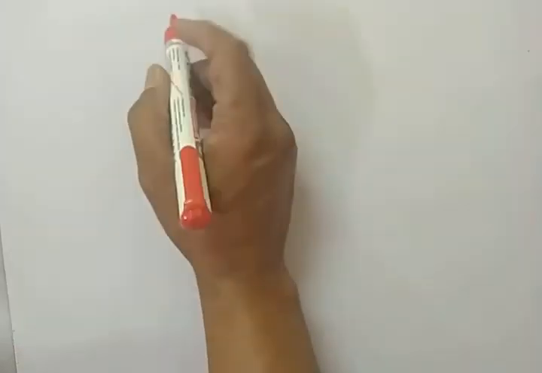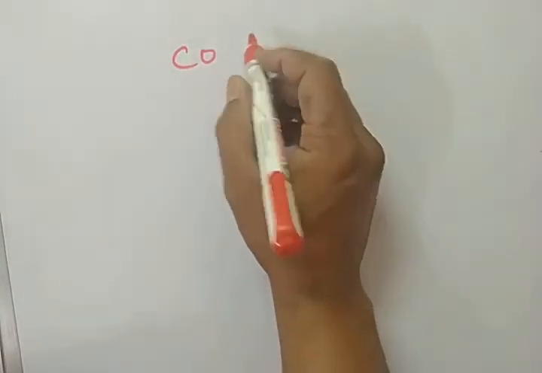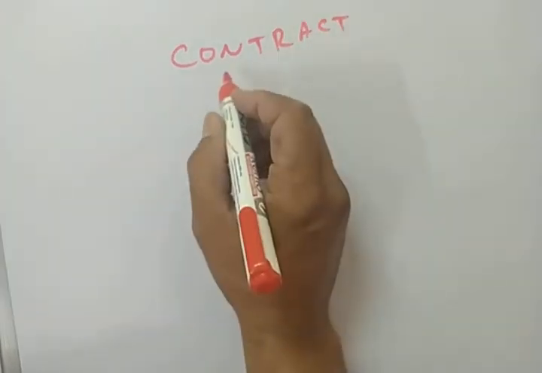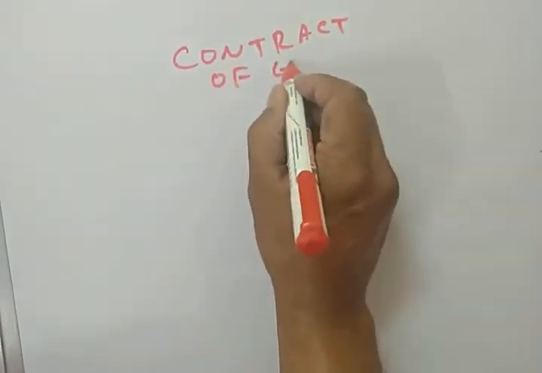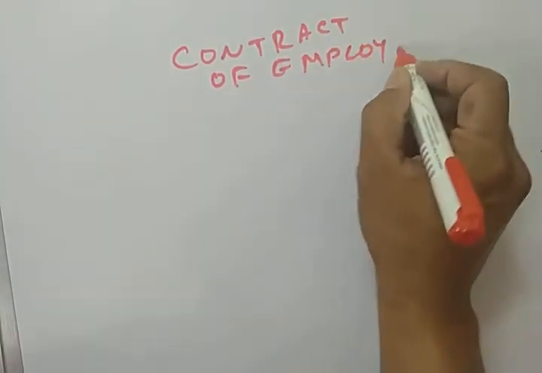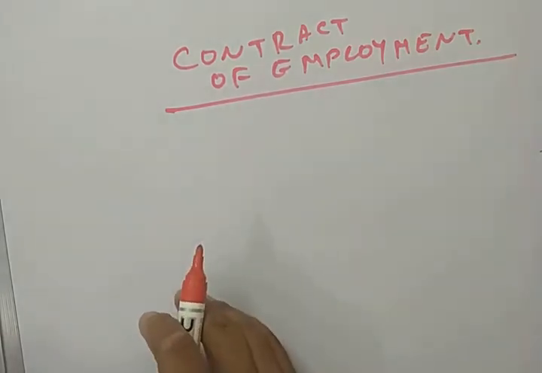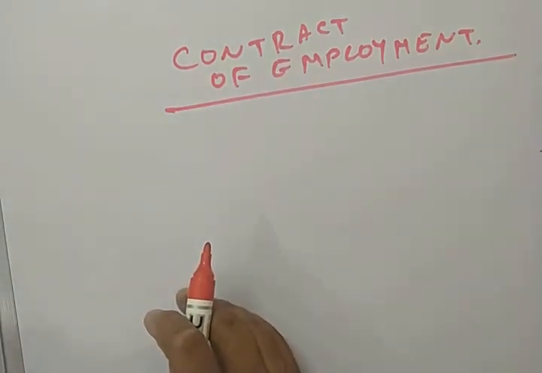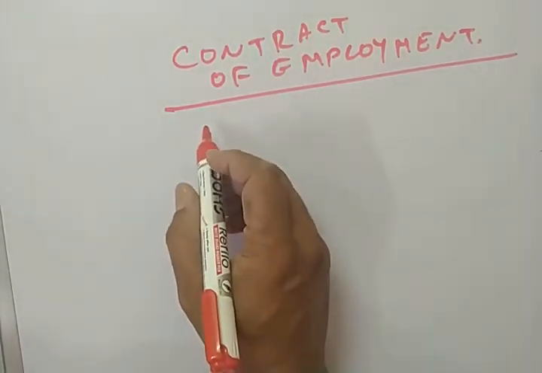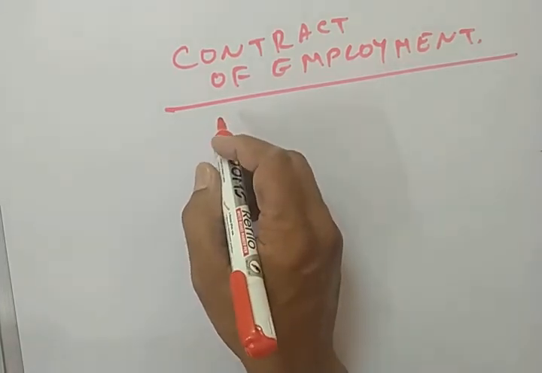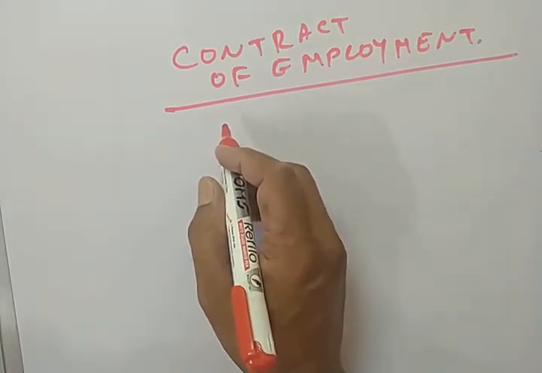After the job offer, contract of employment is prepared. After the job offer has been made and candidate accept the offer, certain documents need to be executed by the employer and the candidates both. There is also a need for preparing a contract of employment.